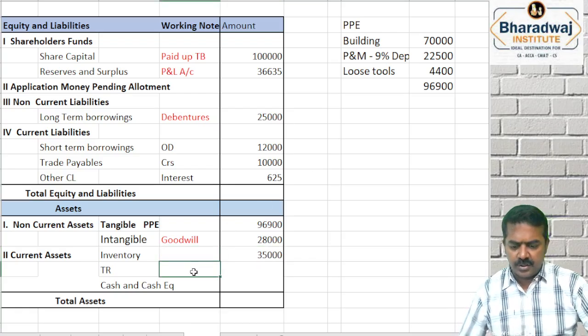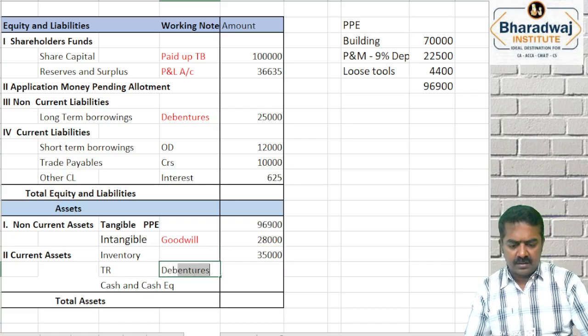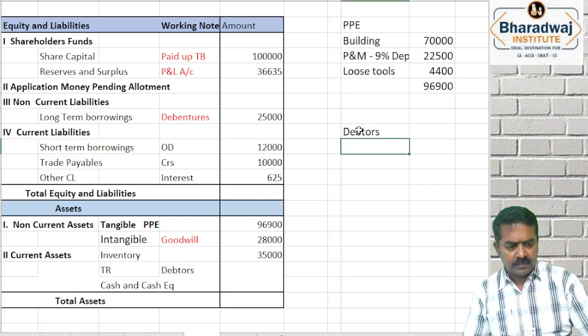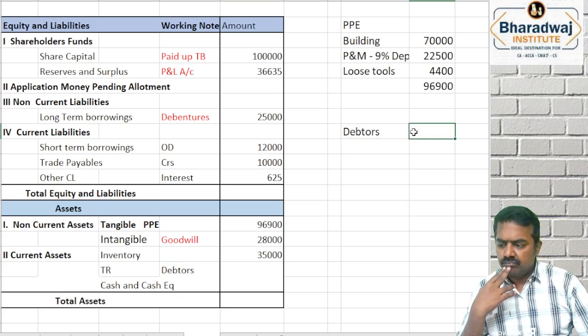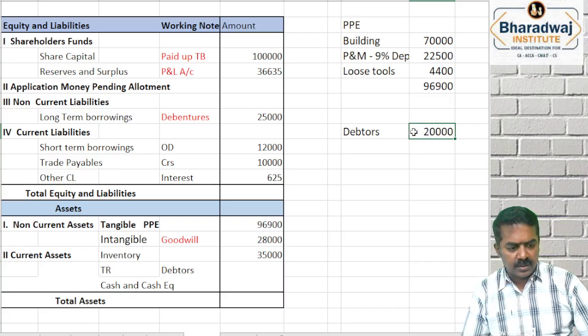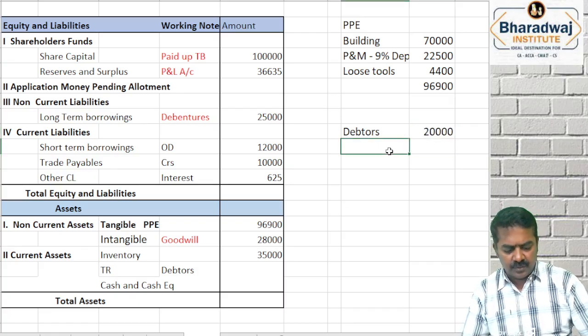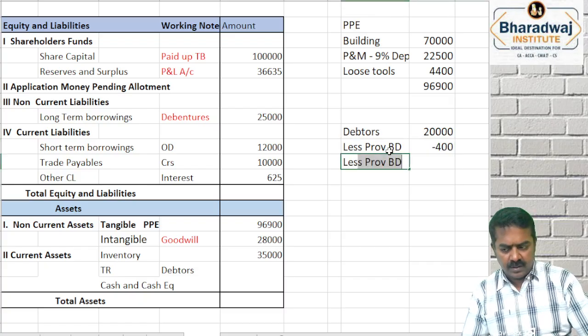Then trade receivable is nothing but debtors. What was the balance of debtors? 20,000 less provision for bad debts. Less provision for discount.